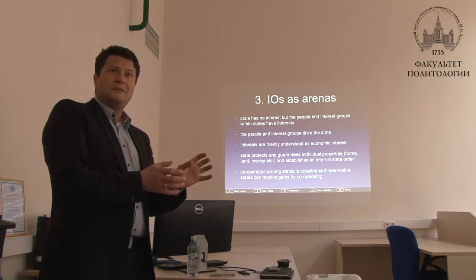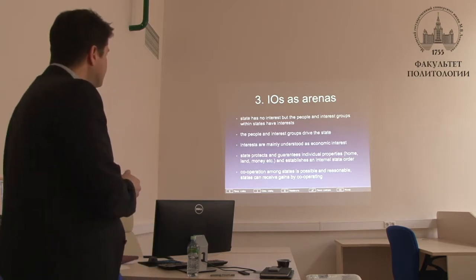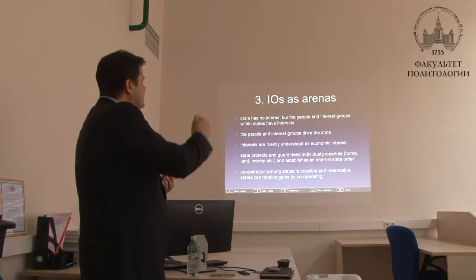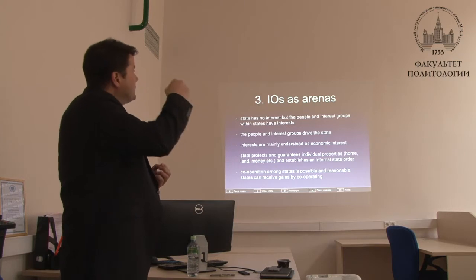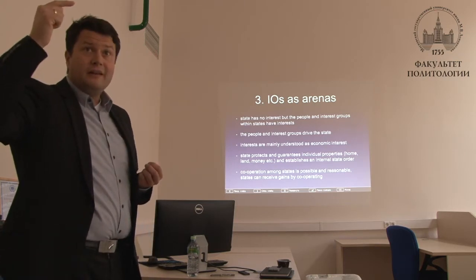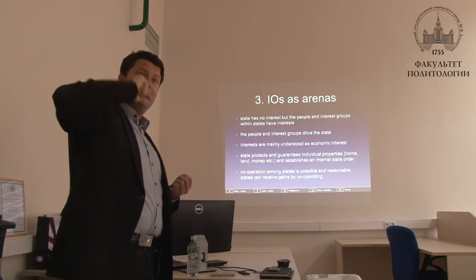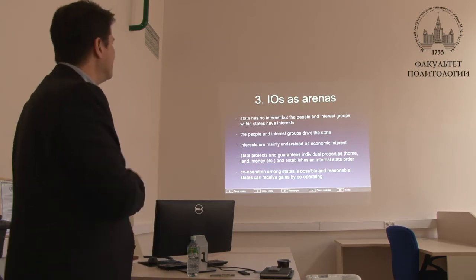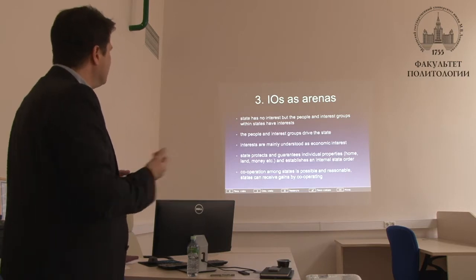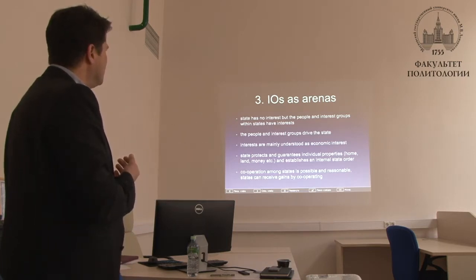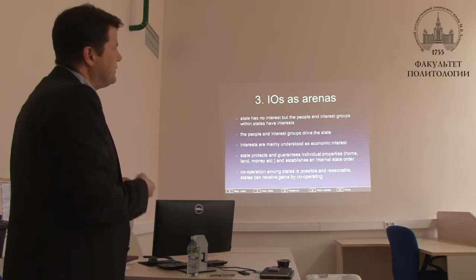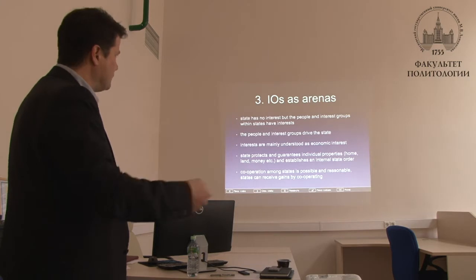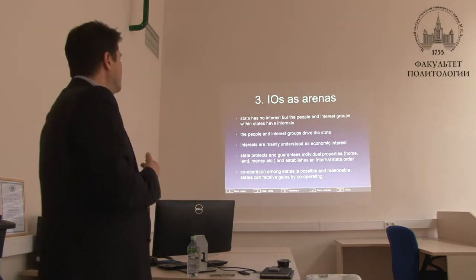So there are a number of different interests within a state, and the kind of interest that the state is representing depends on the power of the groups within the state. This is one of the findings you can get from the Kantian perspective on international organization. In other words, the people and the interest groups within a state drive the state and the interests the state represents.